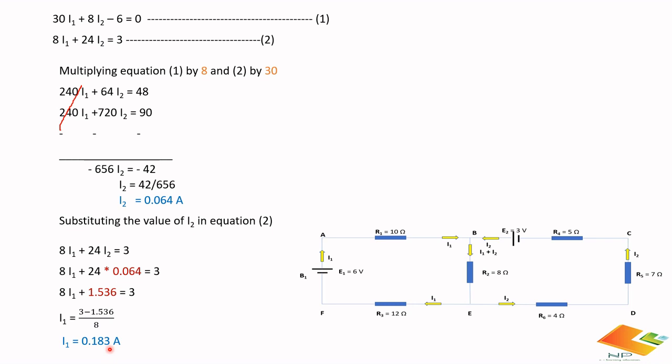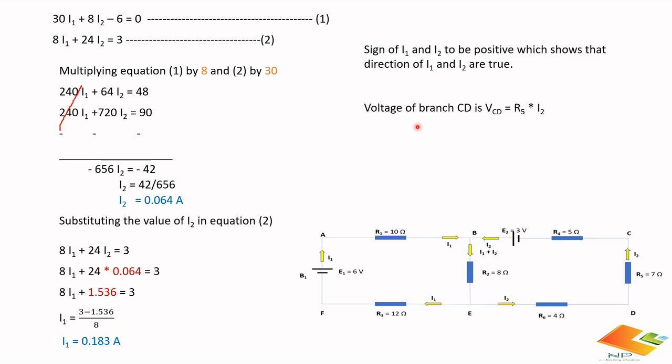Okay, so what is the conclusion here? The signs of I1 and I2 are positive, which shows that the directions of I1 and I2 which we have decided are true. Okay, that means the current through the branch CD flows from D to C. So we will find the voltage of the branch CD. What is the problem statement?